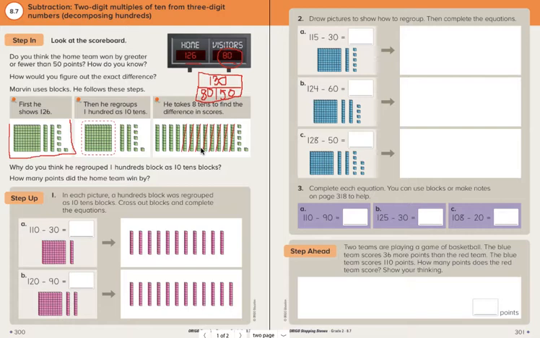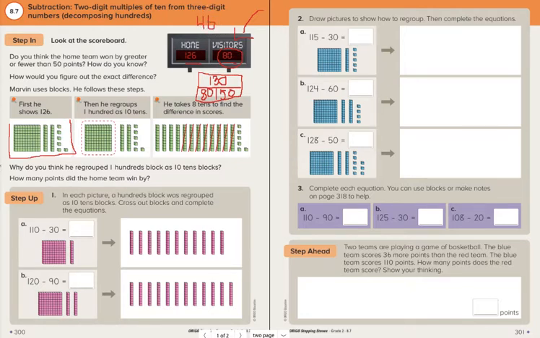Why did he take 8 tens again? Because that's the visitor's score, right? 8 tens is 80. So then he crossed out 80. Let's see how many's left over. Ready? Count with me. 10, 20, 30, 40, 41, 42, 43, 44, 45, 46. So the difference would be 46.